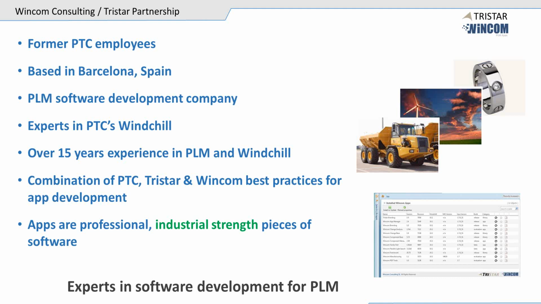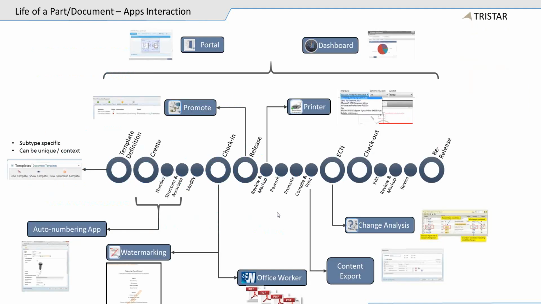And the development time is generally not in the terms of months, but sometimes in terms of days or weeks, most of the time days. So it's a very affordable mechanism to add functionality on top of Windchill instead of looking for other software that typically will not communicate with Windchill. So if you want everything in one place and you want an app to make things easier to use, this is an example of these type of apps.